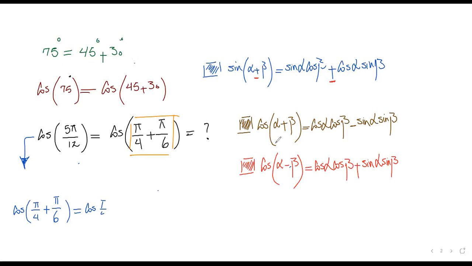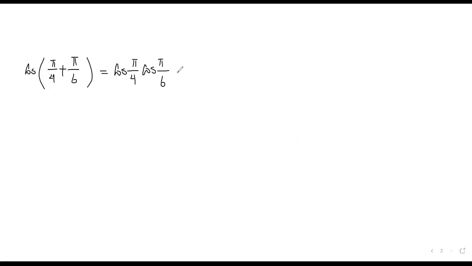We said that the cosine of pi over 4 plus pi over 6 equals what? It equals cosine of pi over 4 times cosine of pi over 6, based on the formula that we had here. Is it going to be plus or minus? Fantastic, right?